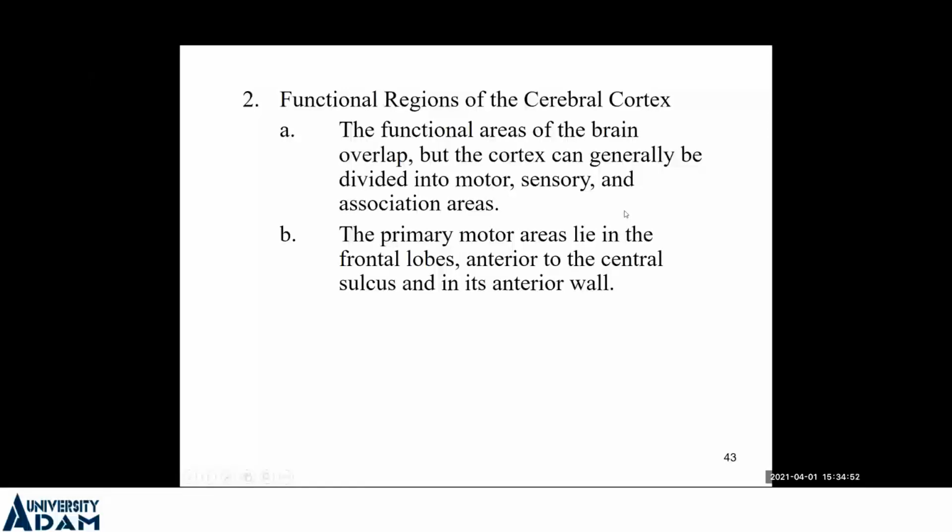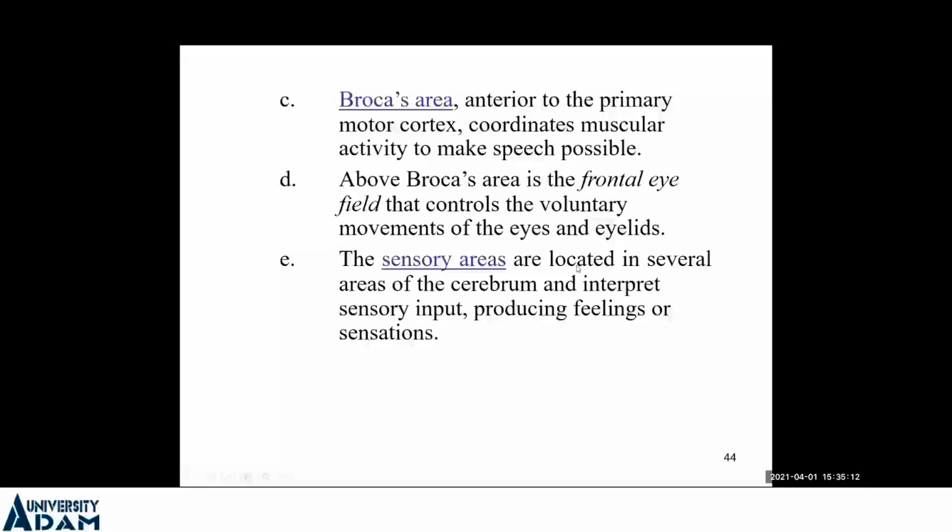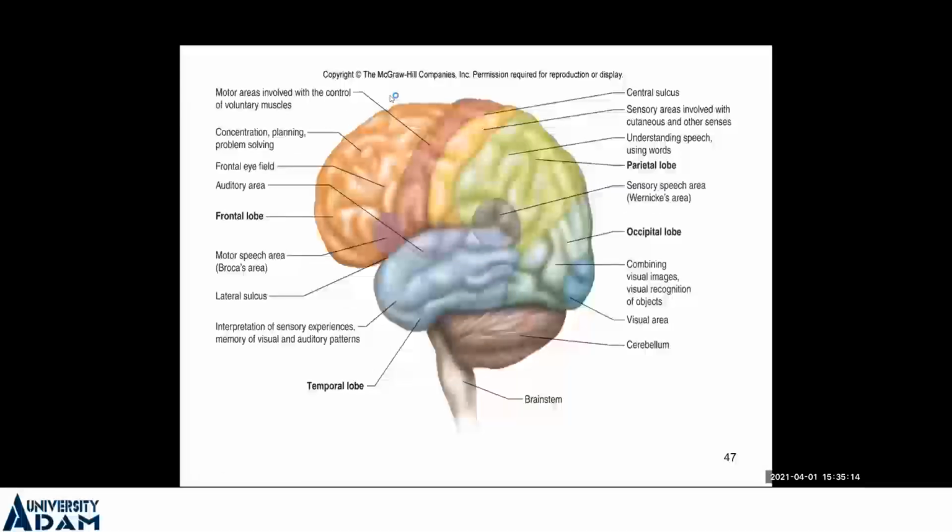So the functional regions of the cerebral cortex, guys, we divide into the motor, sensory, and association areas. Primary motor areas, as I said in practice classes, lie in the frontal lobes anterior to the central sulcus and its anterior wall. You can see here, okay?